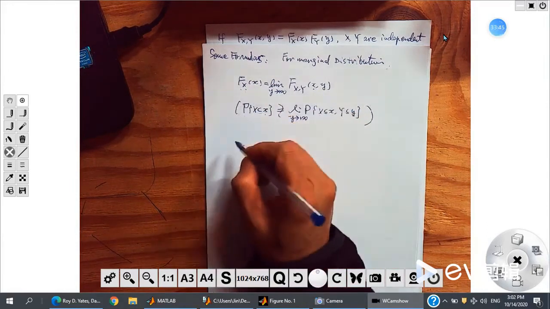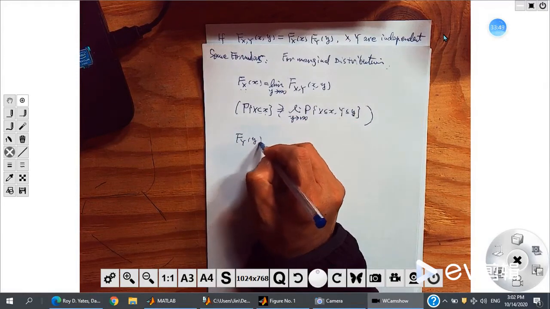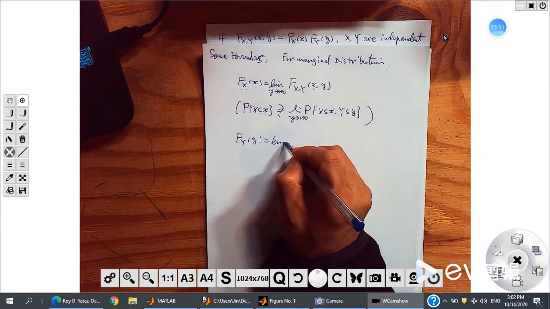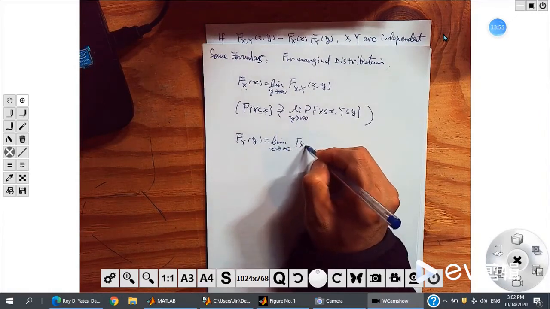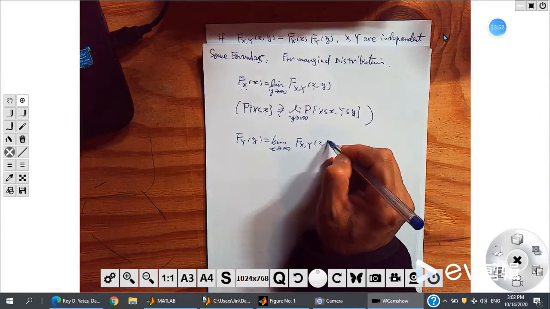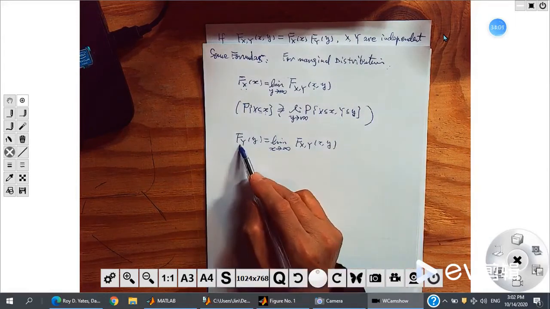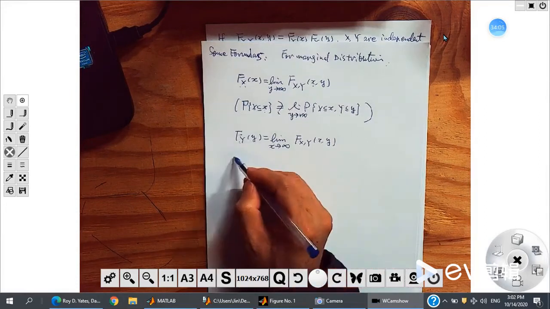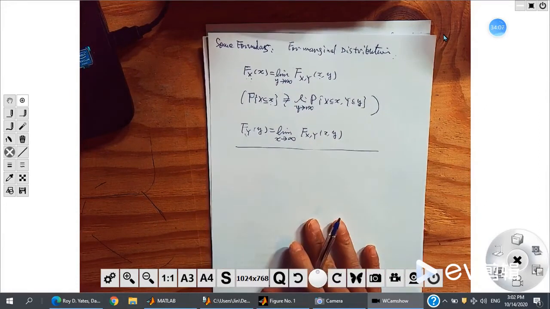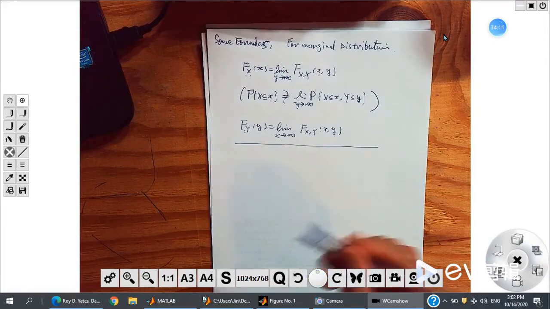And similarly, we have F_Y of y equal to the limit where now x goes to infinity of F_XY of x and y. Now you let x go to infinity, then you will have the marginal distribution of Y. This is in the CDF. We also have a similar thing in the mass function, the PDF.